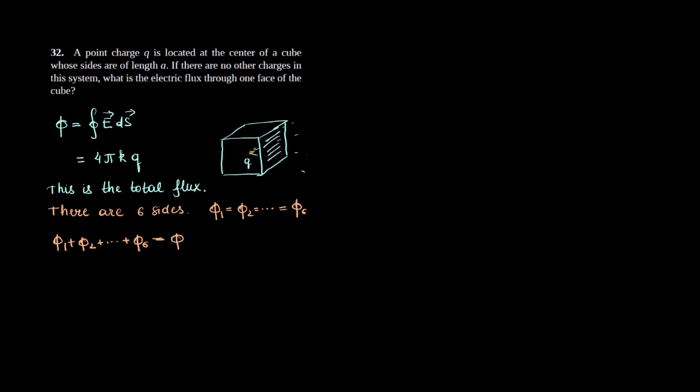Since flux is a scalar quantity, it is additive. So 6 phi 1 is equal to phi. From this we can find that phi 1 is equal to phi divided by 6, which is equal to 2 pi k q divided by 3.